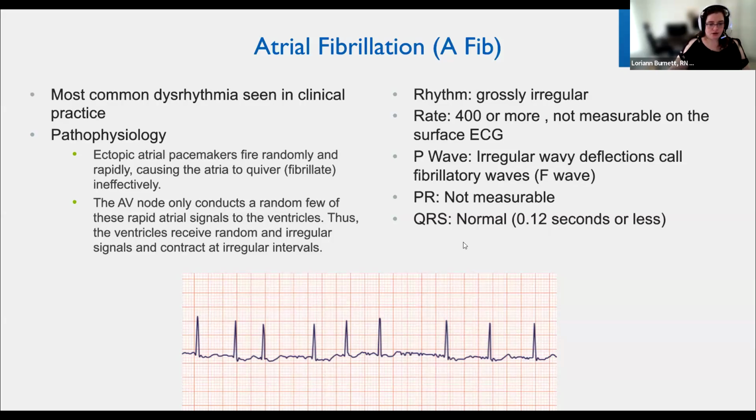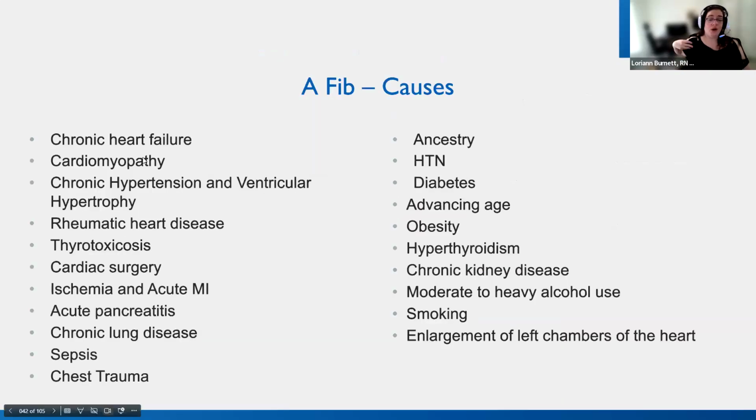So when we talk about this, there's quite a few things that can cause AFib. Chronic heart failure, heart disease, chronic hypertension, ventricular hypertrophy, rheumatoid arthritis, toxicity of our thyroid, cardiac surgery, acute pancreatitis, sepsis, chest trauma, lung disease, hypertension, diabetes, older adults, obesity, chronic kidney disease, alcohol use, smoking, ancestry.